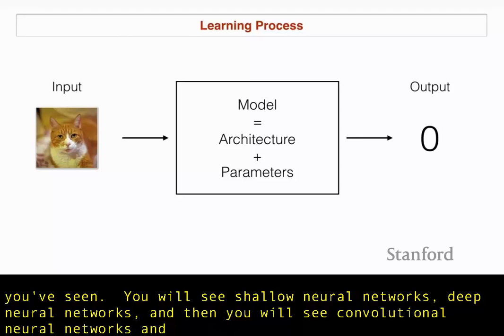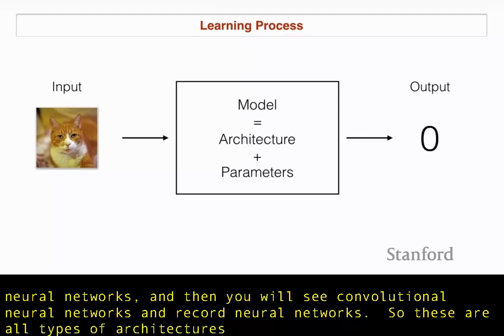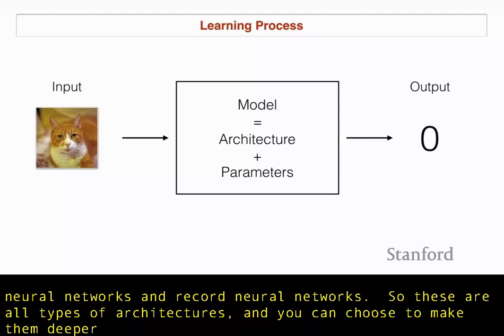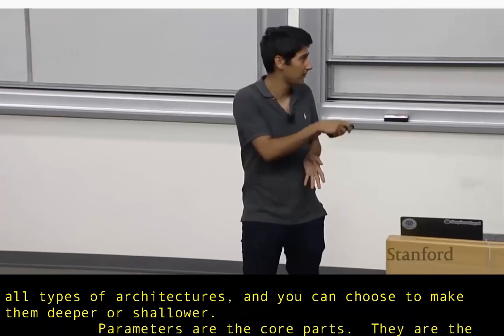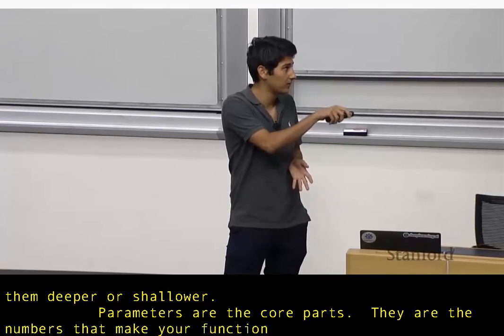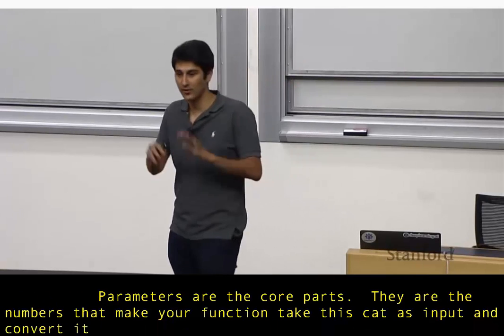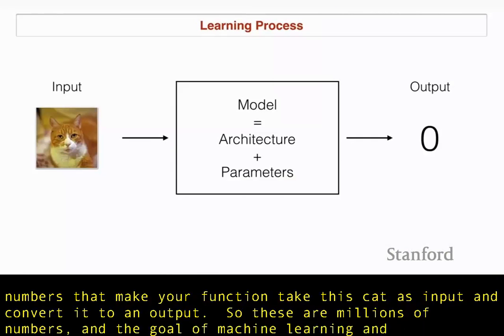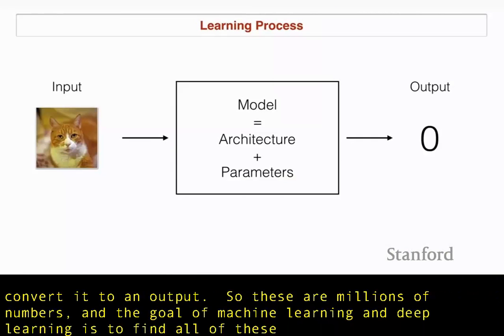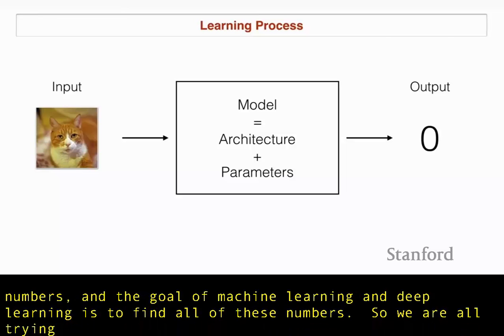So these are all types of architectures, and you can choose to make them deeper or shallower. Parameters are the core parts. They're the numbers that make your function take this cat as input and convert it to an output. So these are millions of numbers, and the goal of machine learning, deep learning, is to find all these numbers. So we're all trying hard to find numbers, basically, millions of numbers in matrices.